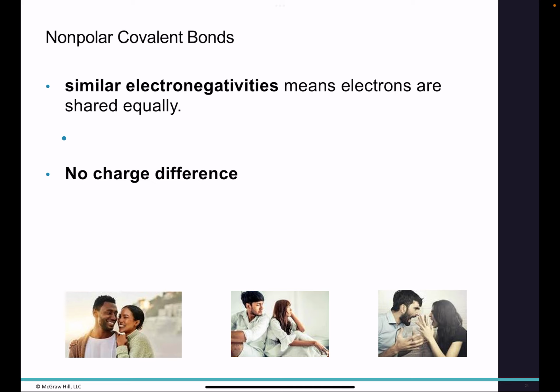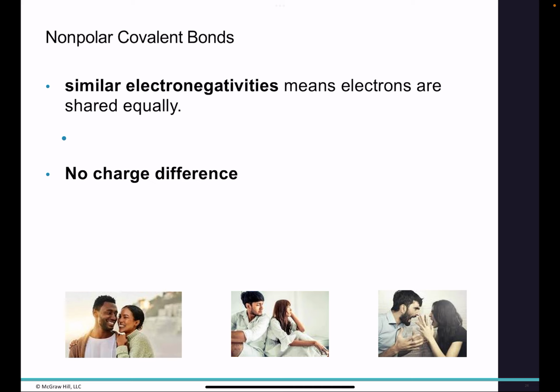But if we have two atoms that have similar pull, it's kind of like a stalemate tug of war. We call this a non-polar covalent bond. In a non-polar covalent bond, two atoms with similar electronegativities are going to share their electrons equally.